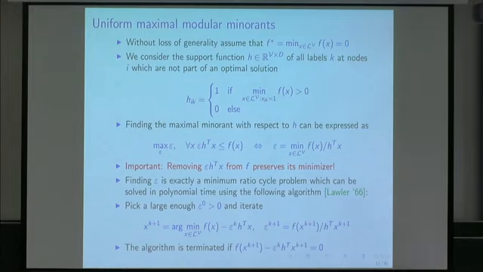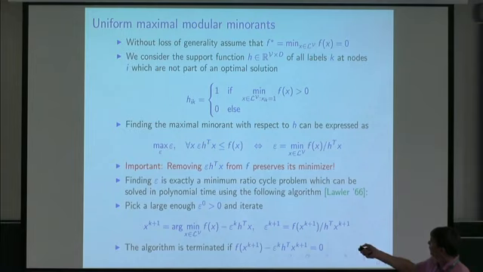And the second part is that we identify a support function h, which is 1 for all labels which are not part of the optimal solution. Because here we can remove something. So it means h_ik, where i is the node and k is the label, is 1 if, when we fix this label ik to be 1, the energy is larger than 0, so it's not optimal then, because we assume the optimal solution is 0. So it's an indicator function that tells us this particular label for this node is not taking the optimal solution.